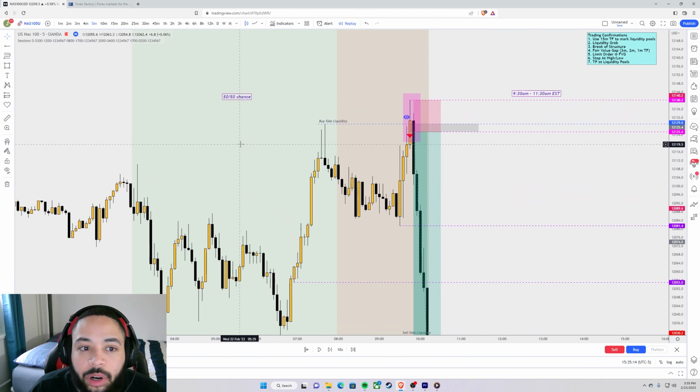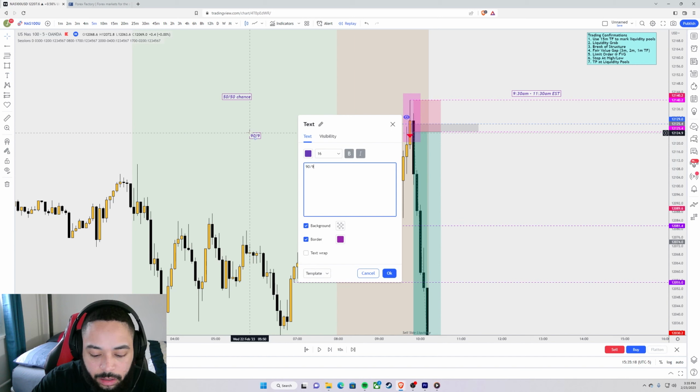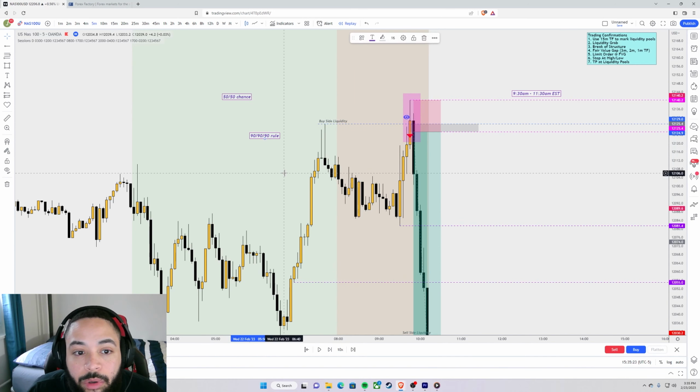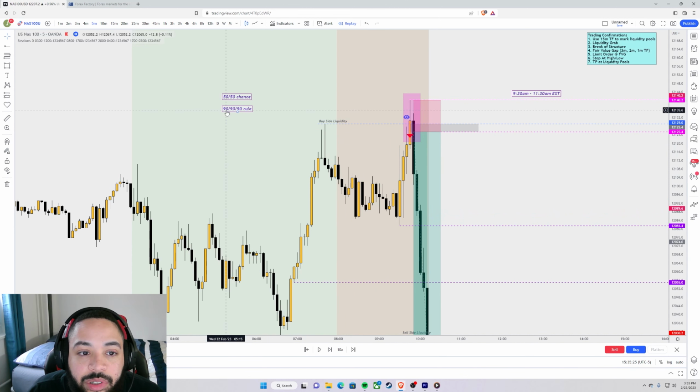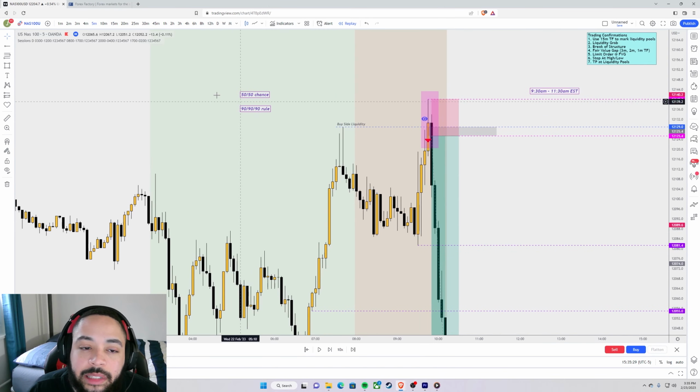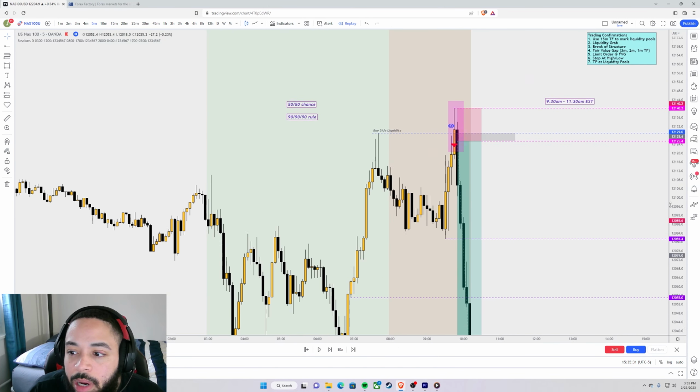However, this market has a 90-90-90 rule, right? Which essentially is that 90% of traders lose 90% of their money within the first 90 days. So that basically means 90% of traders lose in this market. And this is why, right?